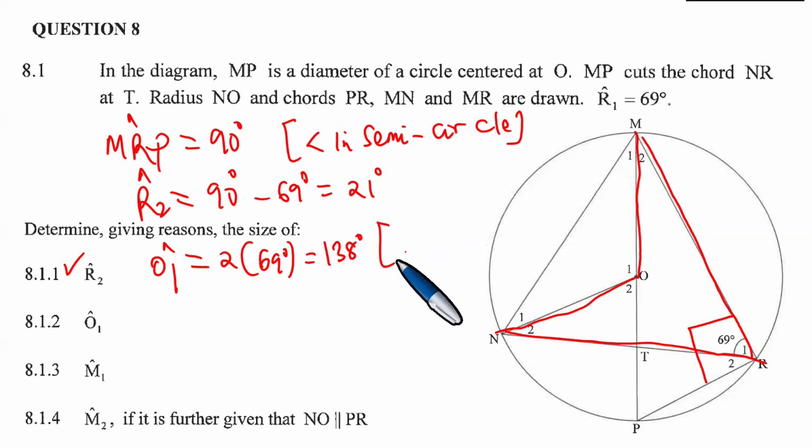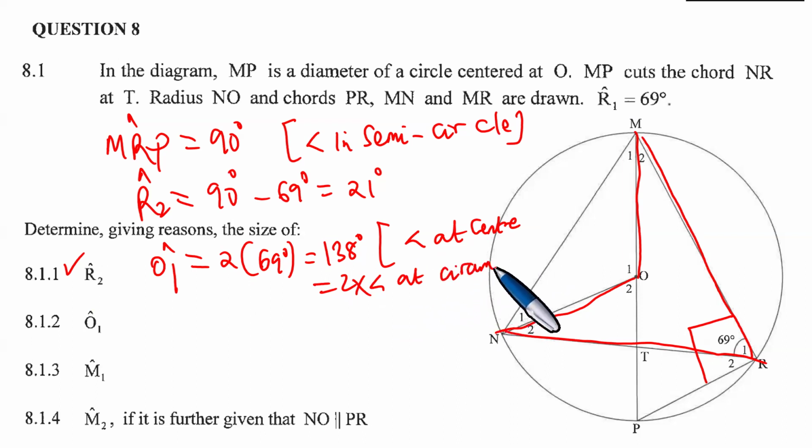And what is the reason? Angle at center is 2 times angle at circumference. Yeah? Next.